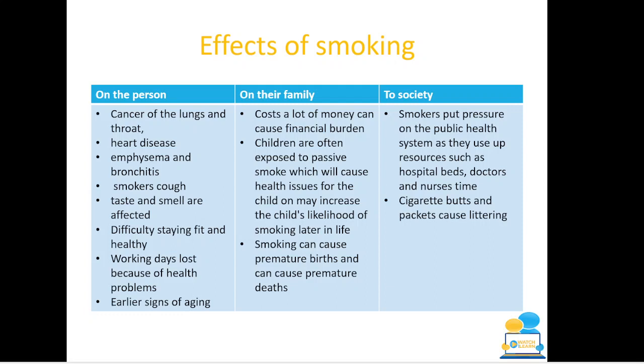So you need to be able to know the effects of smoking on the person, so yourself, on your family, and on society. So to yourself, it can lead to cancer of the lungs and the throat, heart disease, emphysema and bronchitis, where it affects your lungs and you can't breathe properly. Smokers' cough, taste and smell are drastically affected. Difficulty staying fit and healthy because your heart and lungs are struggling to take in the air.